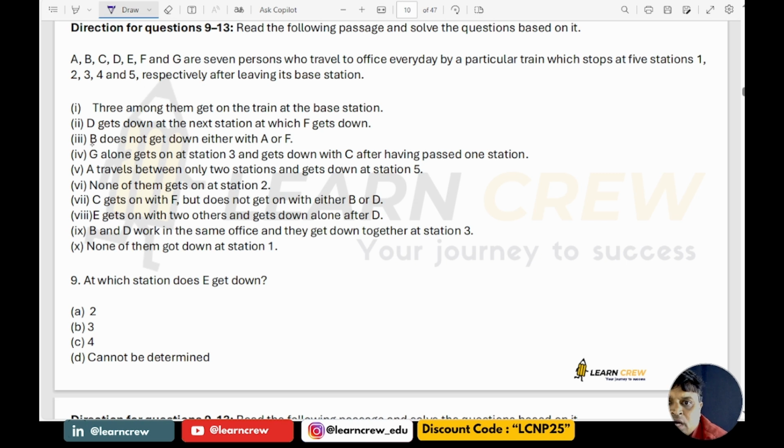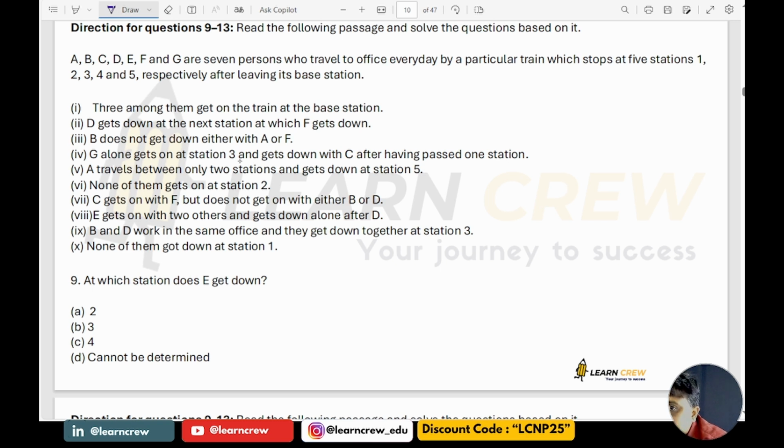Now three among them get on the train at the base station. D gets down at the next station at which F gets down. B does not get down either with A or F.